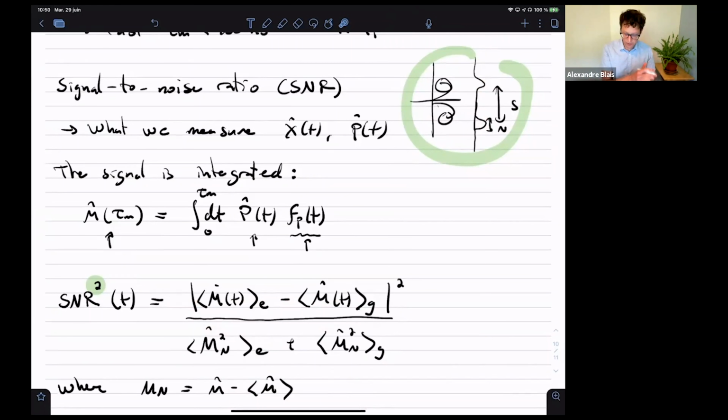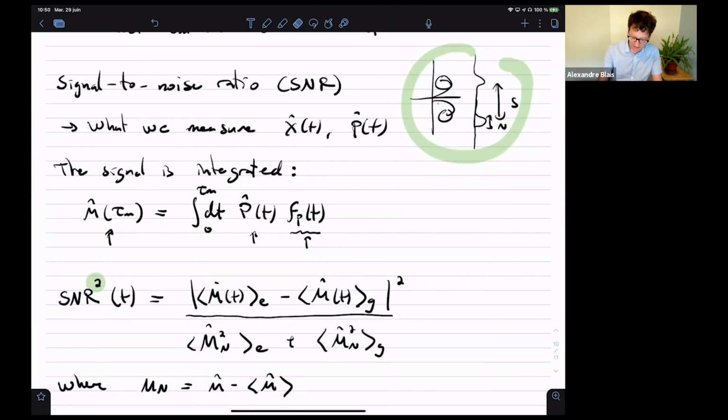In some papers, you will find expressions where they remove one of these two variances and just add a factor of 2 here. That's okay. What I wrote is a little bit more precise because in practice, for technical reasons which will come back in a second, the noise could be different between these two qubit states. Okay, I hope that makes sense.